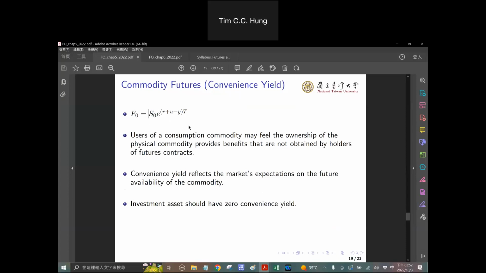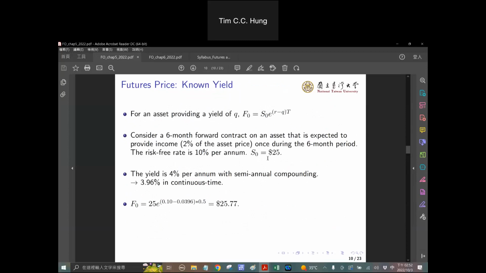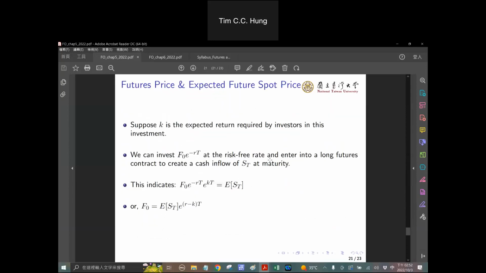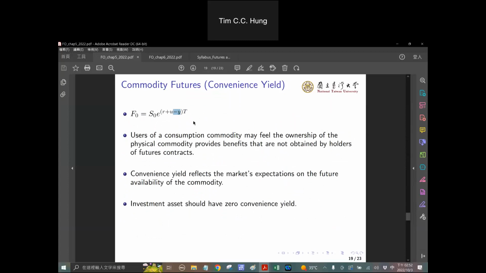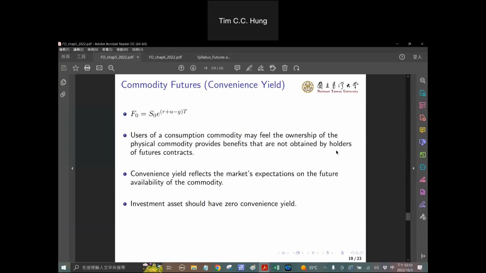So here, what we see is that if it's benefits, like known income or known yield, then it should be considered as a minus term in terms of the discount rate. On the other hand, if we are expressing the storage cost, rather than a fixed one-time cost, as some kind of yield, then it's actually a plus term to the discount rate.